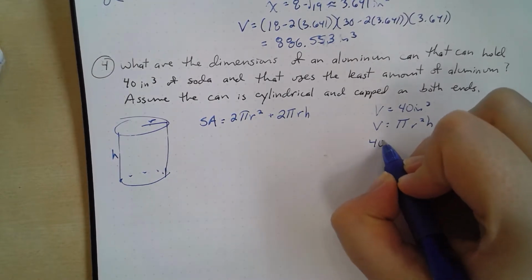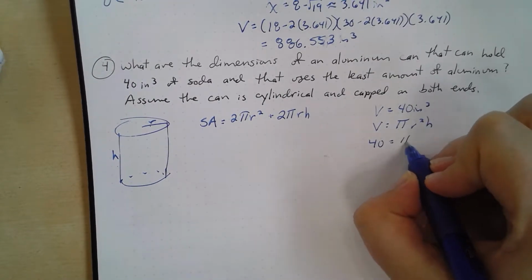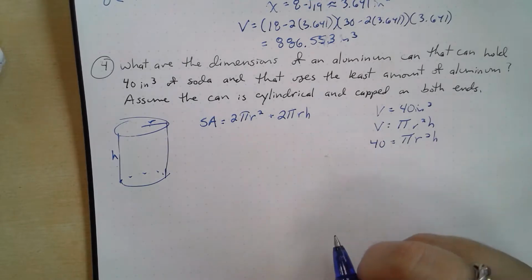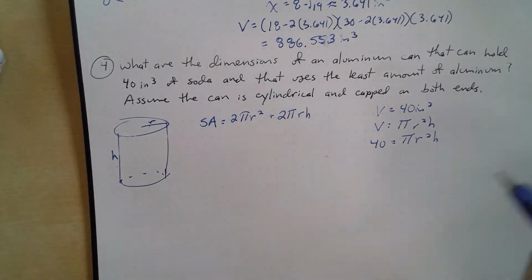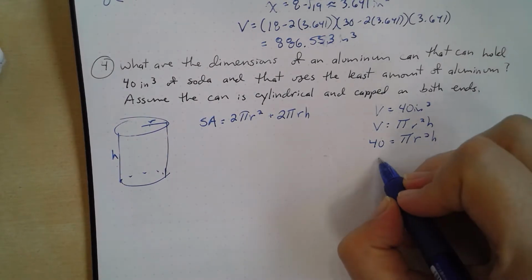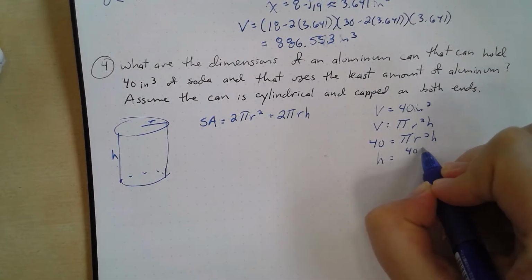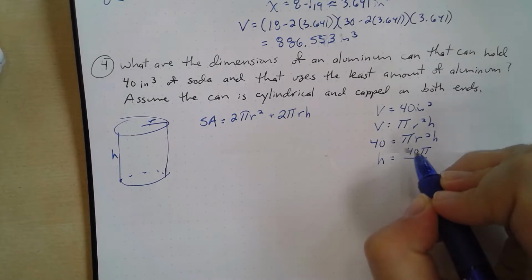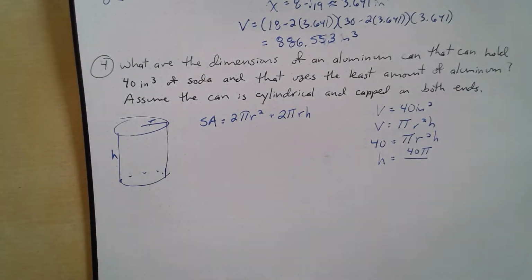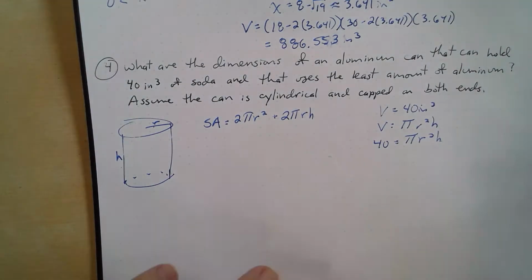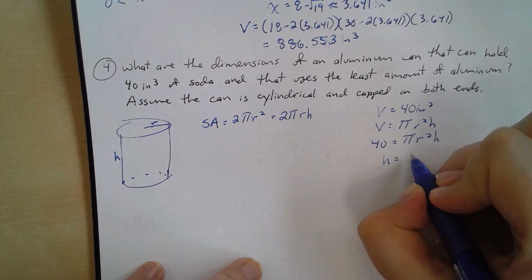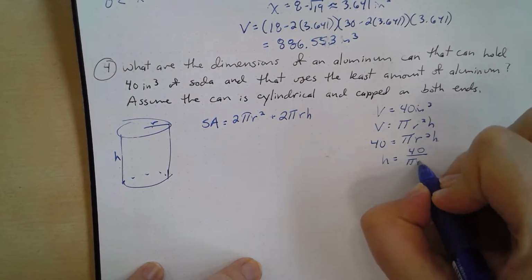So 40 is equal to pi r squared h. And we want to just kind of get this in terms of h or r, and I'm going to get this in terms of h. So h is equal to 40 over pi r squared.